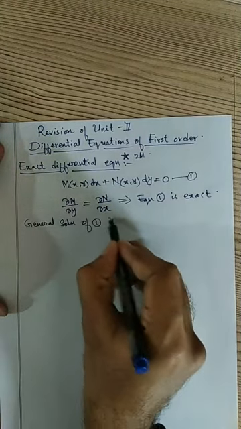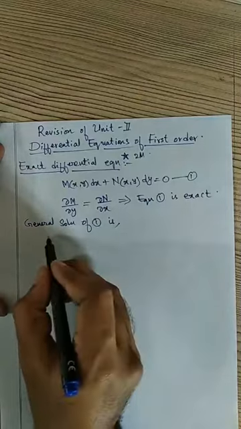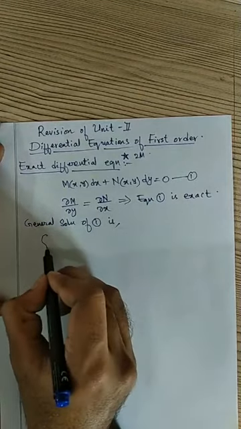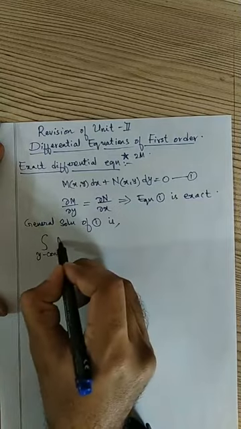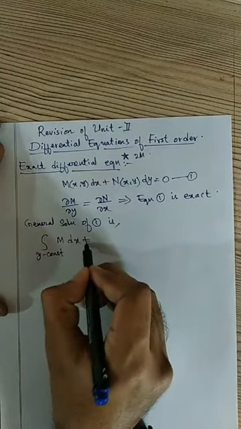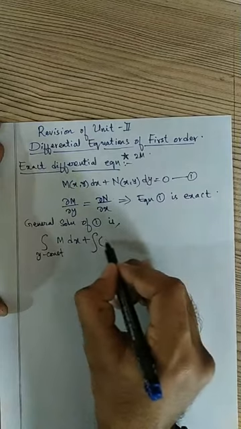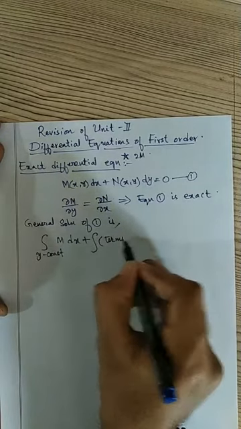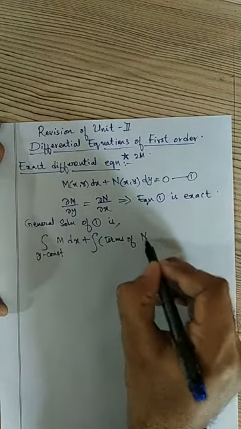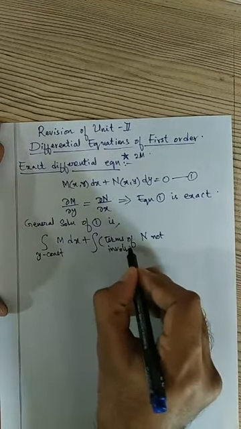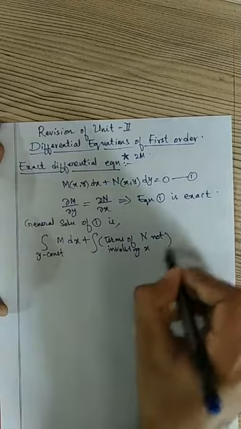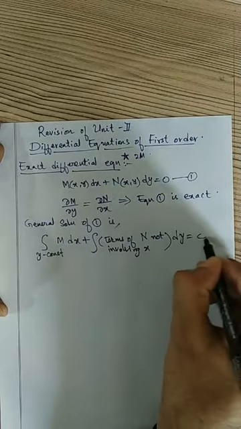It is given by the integral, with y constant, of M dx plus the integral of the terms of N not involving x, into dy, equals a constant.